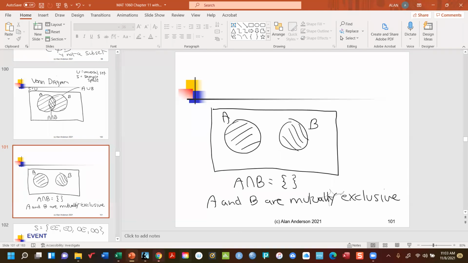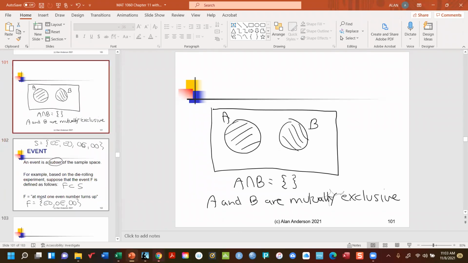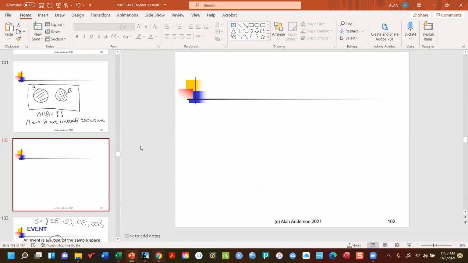And one more thing I'd like to show you with the Venn diagrams is the concept of subset. This is what it means to be a subset.